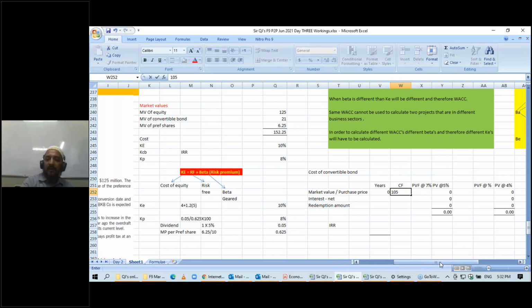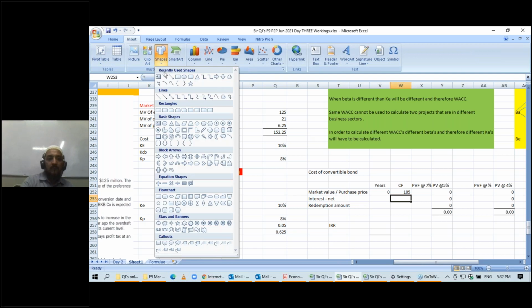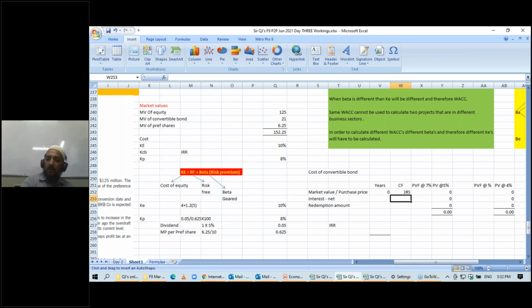Now how did I get 105? It is like this. I'm working on a one bond basis, right? They've given you 21 million, which is the market value of all bonds.